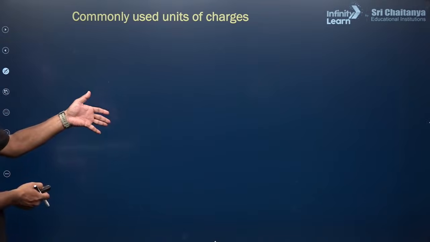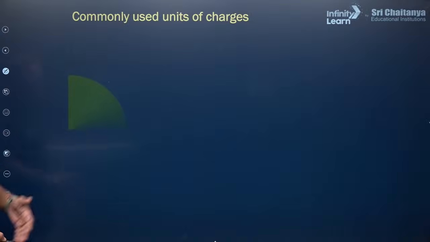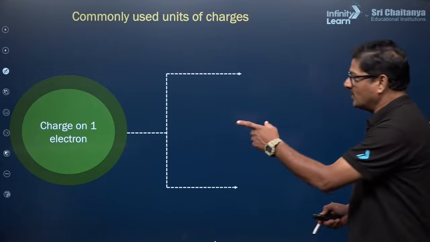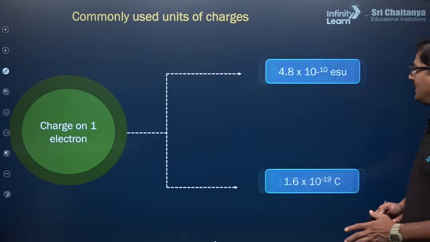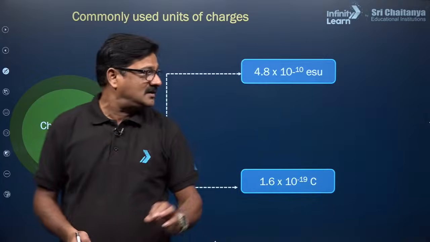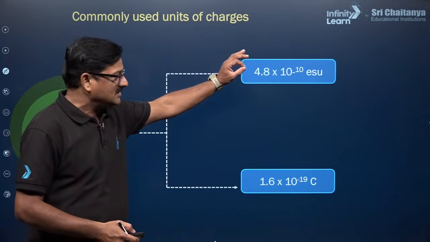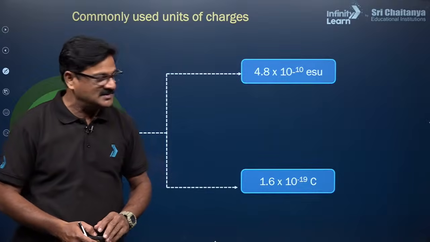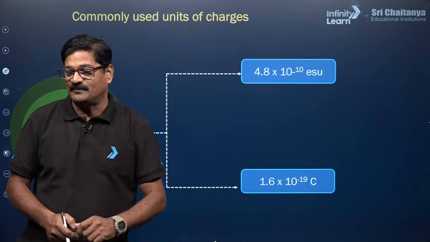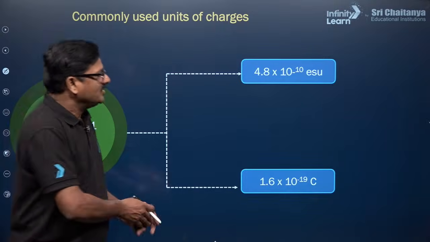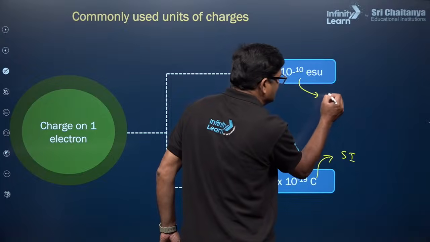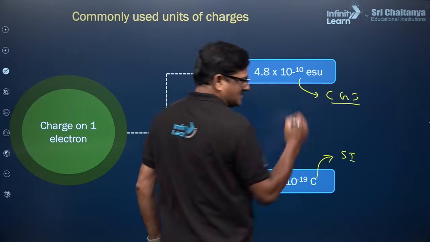And let us see here the commonly used units and charges. One charge unit of an electron is 4.8 into 10 power negative 10 ESU, electrostatic unit, or 1.6 into 10 power negative 19 coulombs. So, the charge is in SI units and in CGS units.